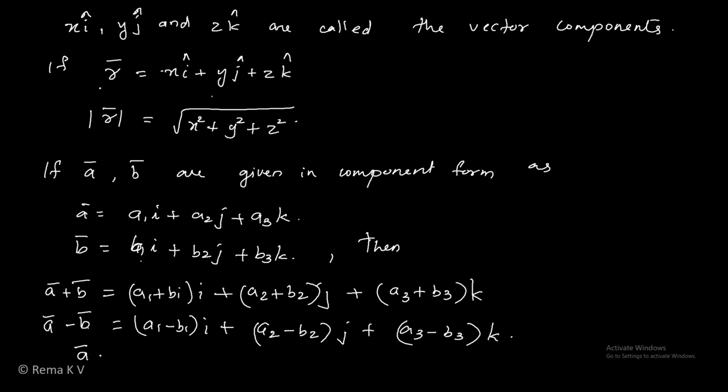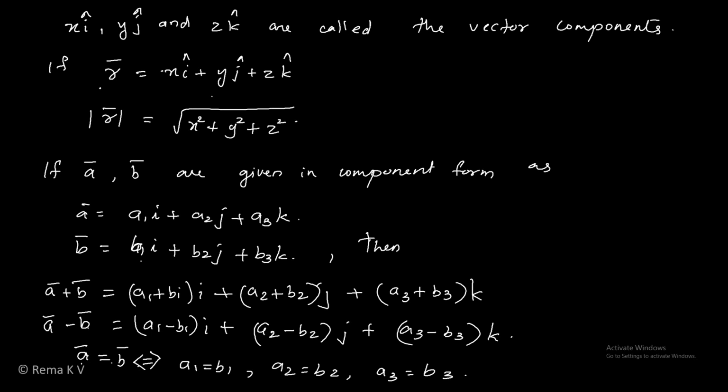Now two vectors A and B are said to be equal, vector A is equal to vector B, if and only if a1 is equal to b1, a2 is equal to b2 and a3 is equal to b3.